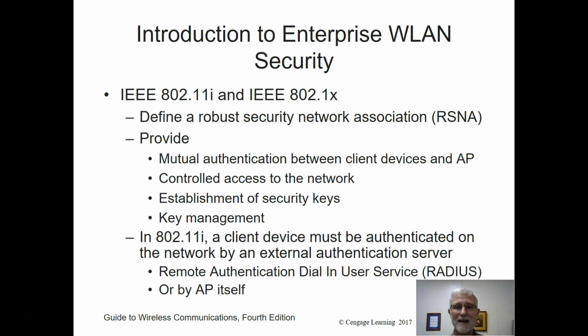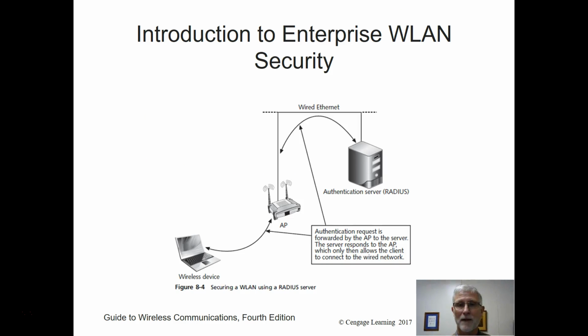With 802.11i, a client device must be authenticated on a network by an external authentication service, whether it's RADIUS or the access point itself. In a lot of cases, at least with the ones at home, it's probably done with the access point itself, but it could be an outside authentication server.